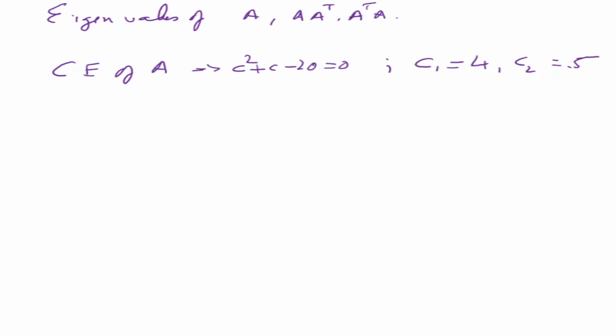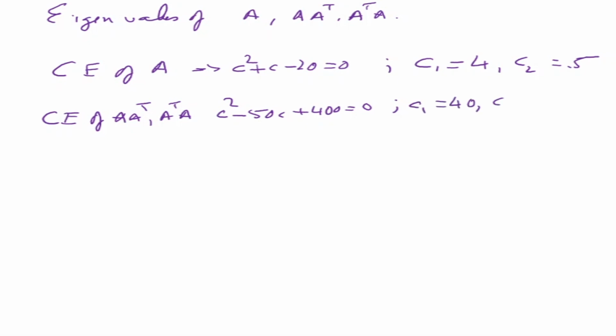Now what about the characteristic equation of A transpose A? It is c squared minus 50c plus 400 equal to 0. That gives us the two eigenvalues, c1 equal to 40 and c2 equal to 10.